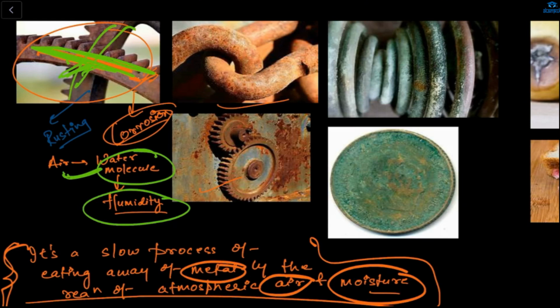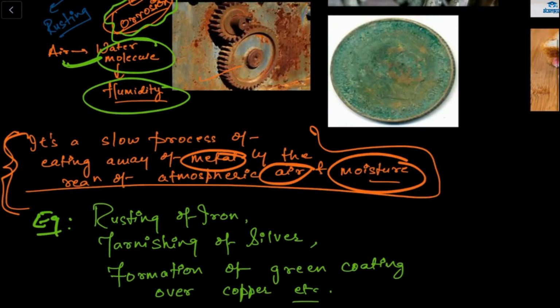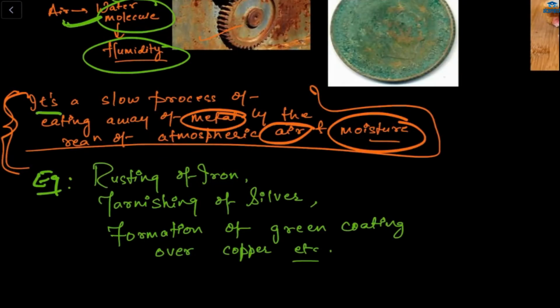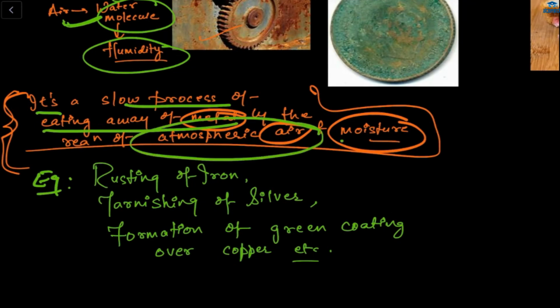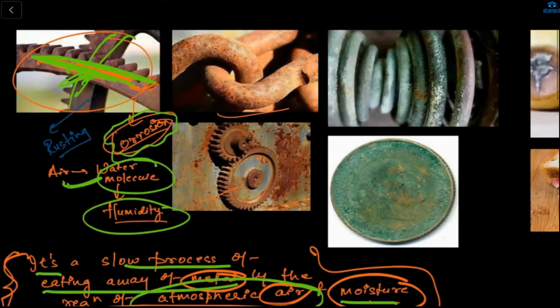So they will start forming a rust, and this whole process is known as corrosion. It's a slow process of eating away of metal by the reaction of atmospheric air and moisture. Means when atmospheric air and moisture react with my metal, they start eating my metal. That's why there is a rust.